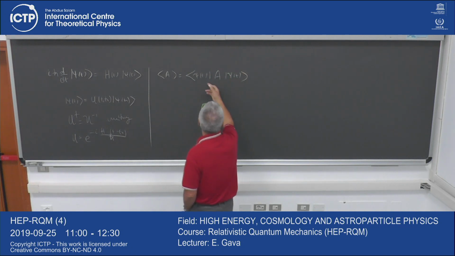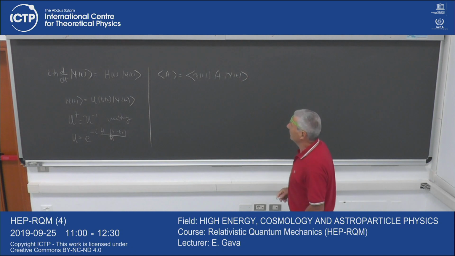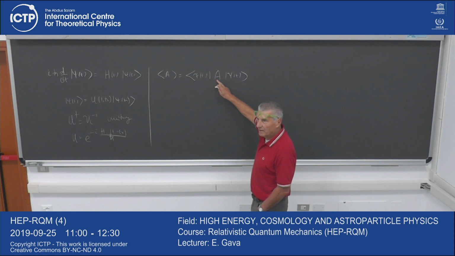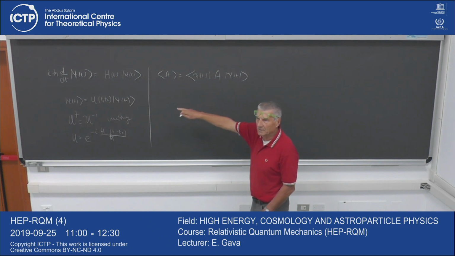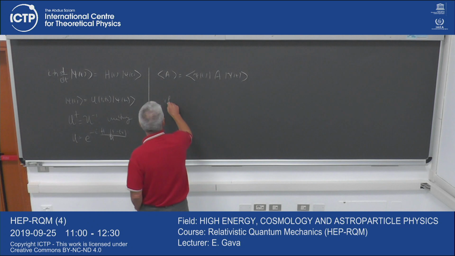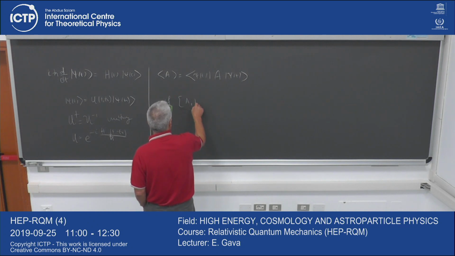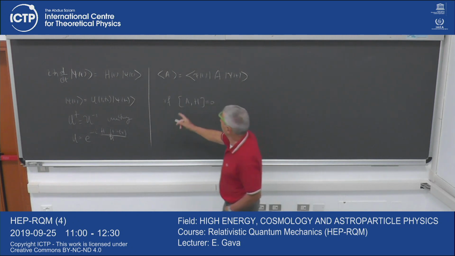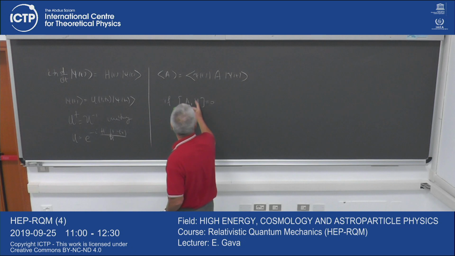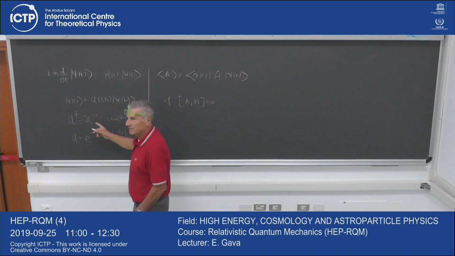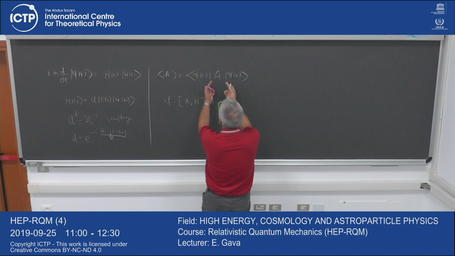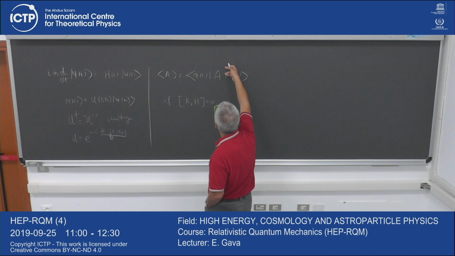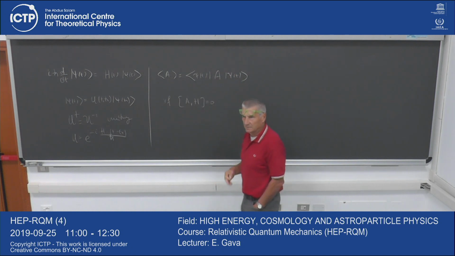Of course they don't depend on time when the observable A commutes with the Hamiltonian. If AH equals 0, you can pass A through the exponential, one is e to the i H and the other e to the minus i H, and they cancel.